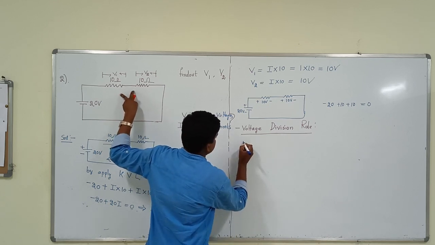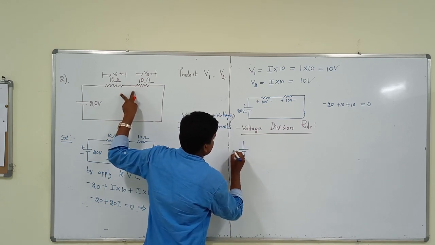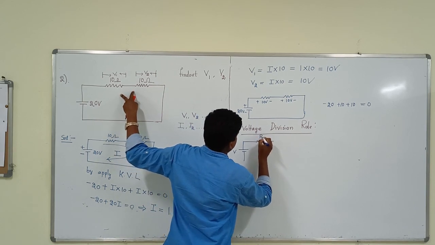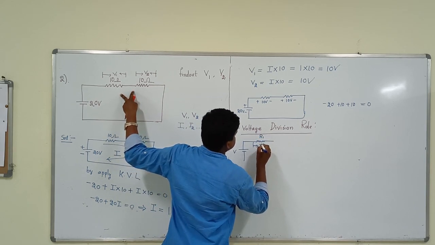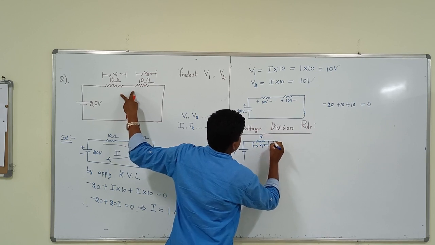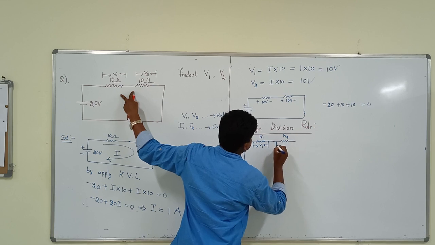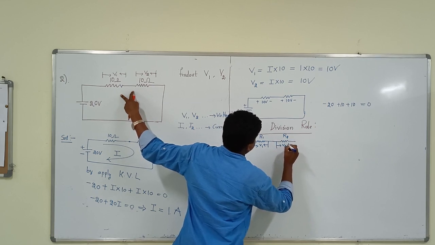So this is V, this is R1, the voltage across this is, for example, V1, the same circuit, and we have R2, the voltage across this is V2.